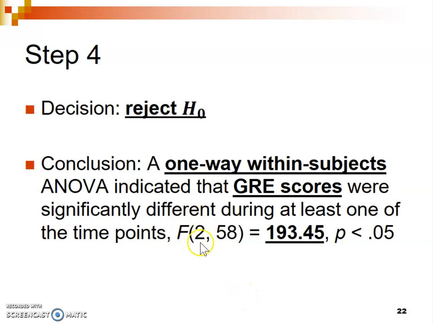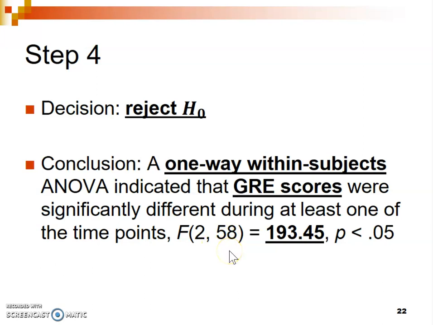Remember that the first degrees of freedom that you put in parentheses next to your F is always the degrees of freedom for your numerator that you looked up in the table. Our degrees of freedom in the numerator was 2. We'll put a comma and then the degrees of freedom in the denominator that we looked up.